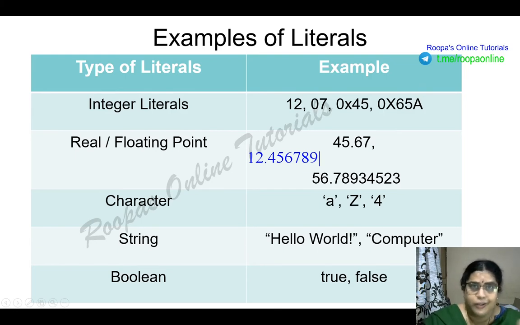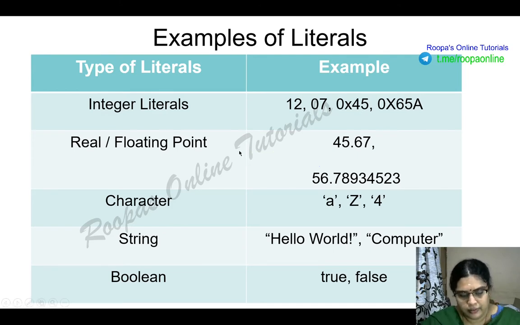After that, it may or may not, depending on the system. And what does double do? Double will take 15 digits. After the decimal, 15 digits will be precise or accurate. This is clear.